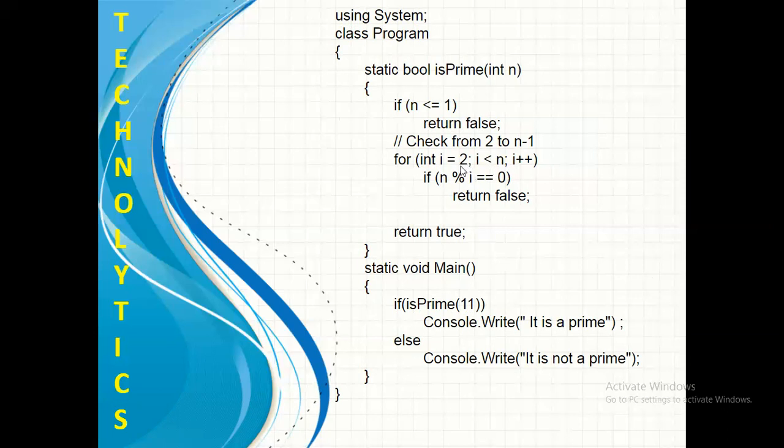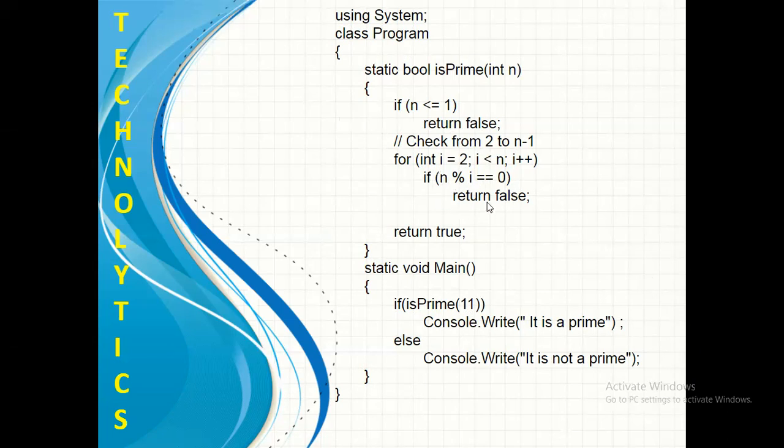So it will run 8 times. It will start with 2, 3, 4, 5 and go till 10. Inside this for loop, it will divide number n by i. That means 11 will be divided first by 2, 3 and so on till number 10.